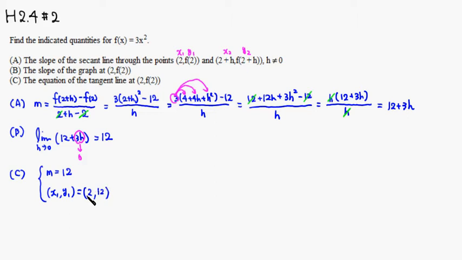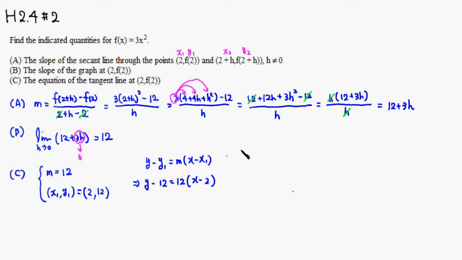By point-slope form, remember that it's y minus y1 is equal to m times x minus x1. So let's put it in. We have y minus y1, which is 12, is equal to the slope, 12, times x minus x1, which is 2.